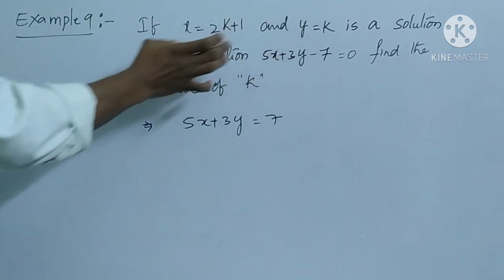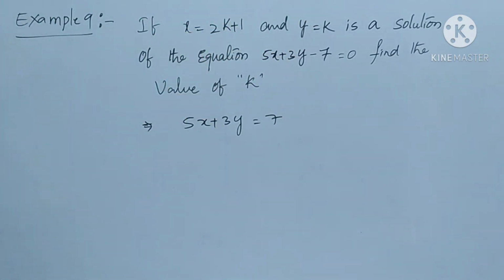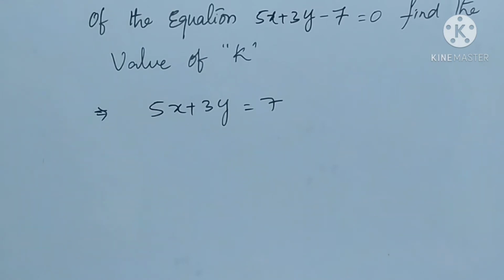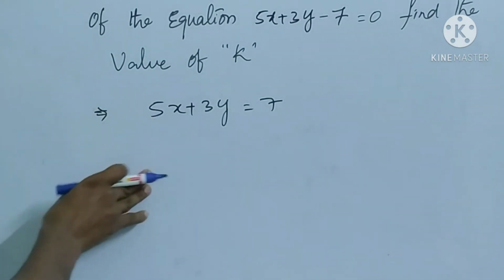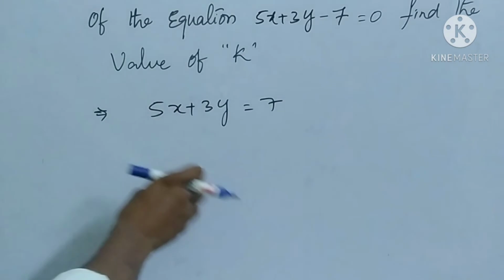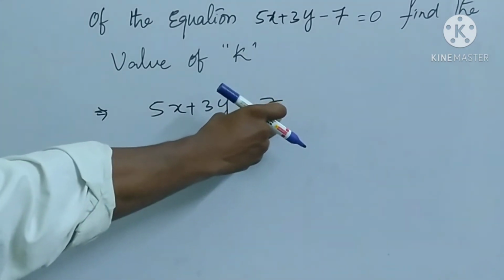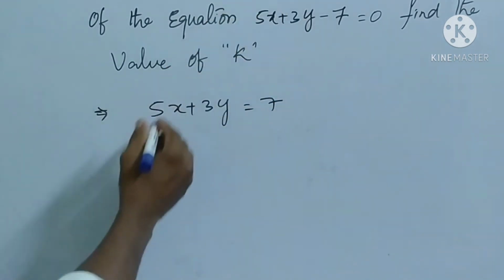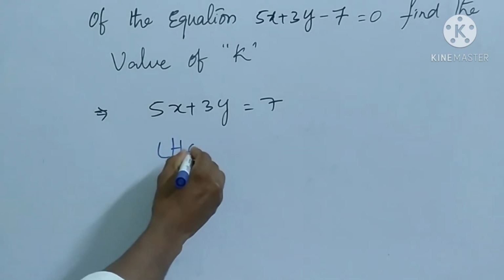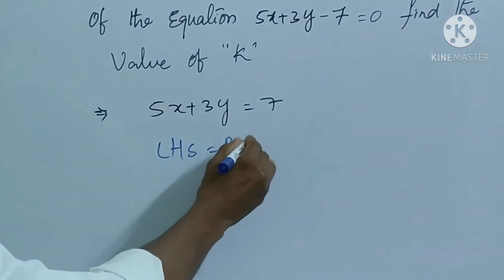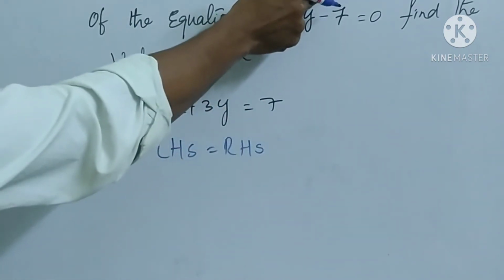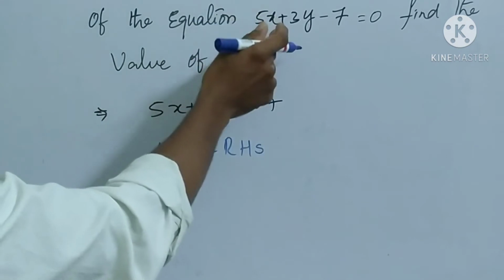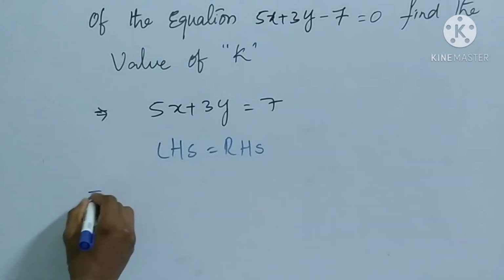These values satisfy the equation, which means when we substitute x is equal to 2k plus 1 and y is equal to k instead of x and y in the given equation, the entire result satisfies the RHS result. So here is the solution, meaning LHS is equal to RHS. Substitute these values instead of x and y in the given equation.